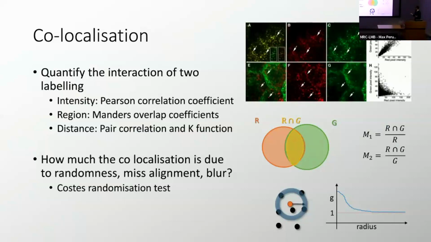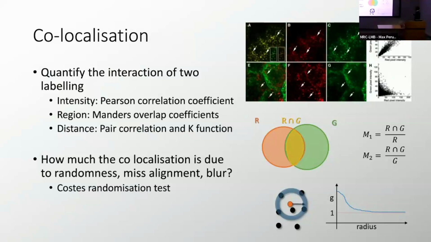For example, if it's not a line but more a curve. If you have segmented your image and you have some regions, you can use a Manders overlap coefficient using the intersection, the yellow over the red or the yellow over the green.